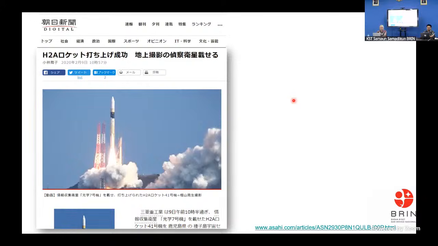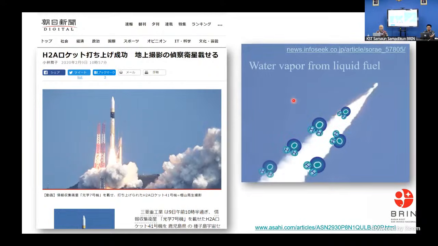It uses liquid hydrogen as fuel. So naturally, in its exhaust gas, there is a lot of water vapor because they let hydrogen connect with oxygen, making water vapor molecules. And normally in the ionosphere, there is almost no water vapor.